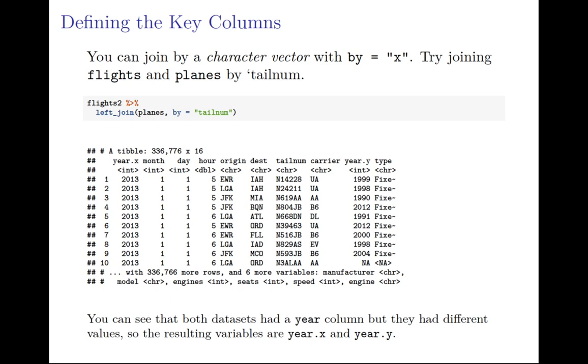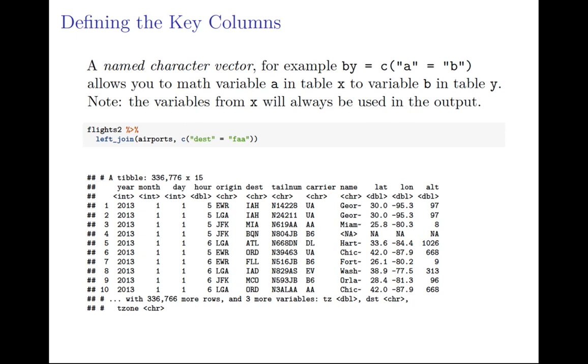Here you can see that both data sets had a year column before you joined them, but those years had different values. So the resulting variables are year.x and year.y. And this last one is actually really useful. It's when you use a named character vector. For example, when you specify by as the concatenation of A and B in quotes, this allows you to match variable A in table X to variable B in table Y. Note that the variable names from X will always be used in the output.